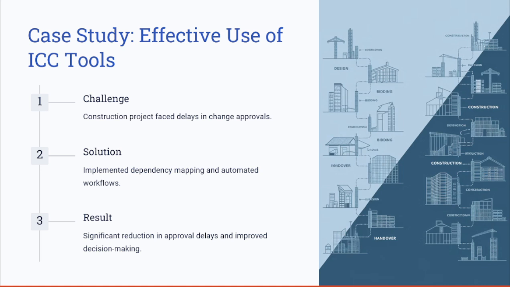By utilizing these tools, the result was a significant reduction in approval delays and enhanced clarity in decision making. Such an example emphasizes the value of having an effective integrated change control process and tools, improving the project outcomes and offering valuable lessons for future projects.